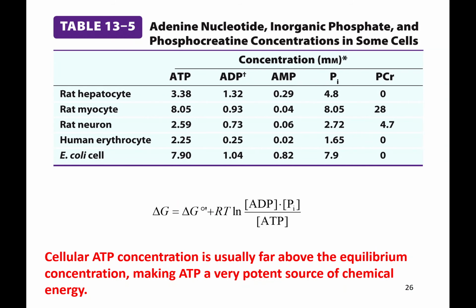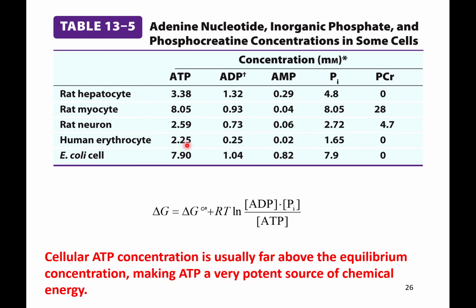Table 3.5 in the book shows some typical concentrations of these adenine nucleotides in different types of cells. So if you're curious, you don't need to know these values. There probably is a homework question or two where you might have to look up the concentration of these in this table to answer, but you don't need to memorize these.